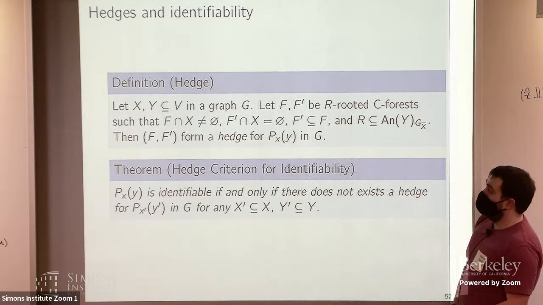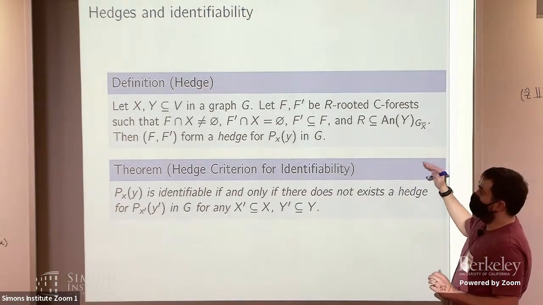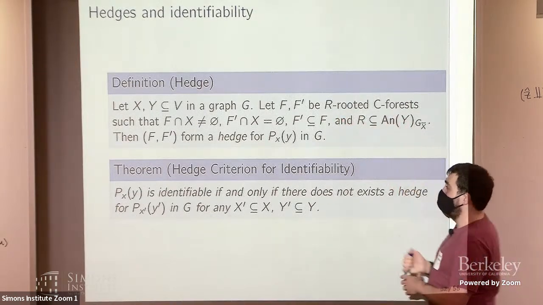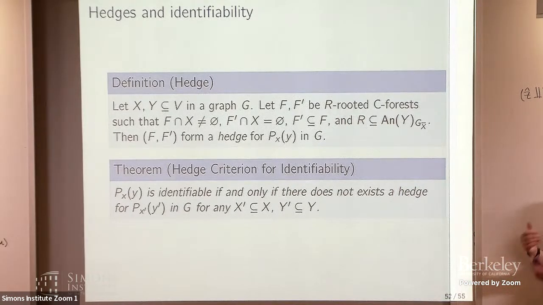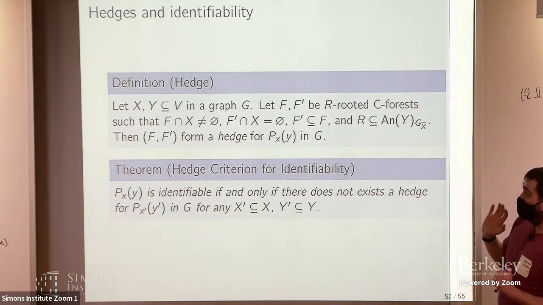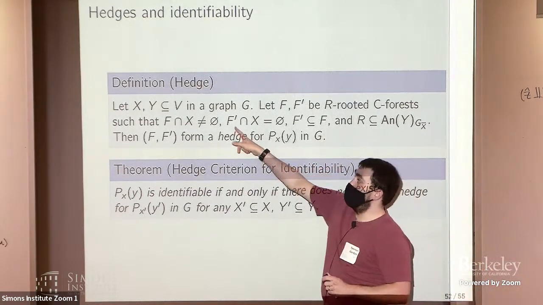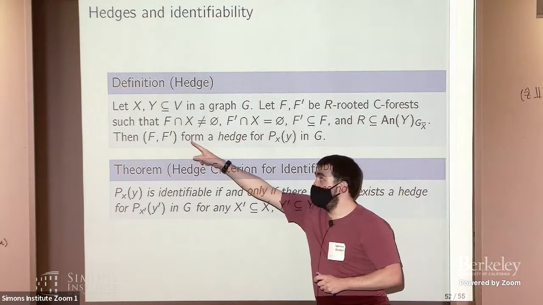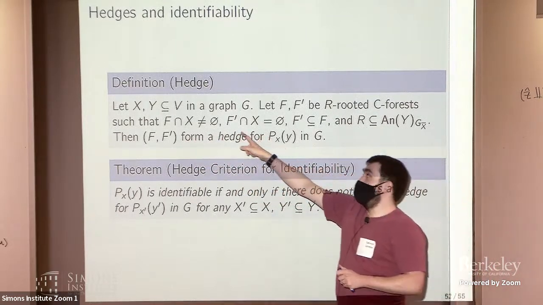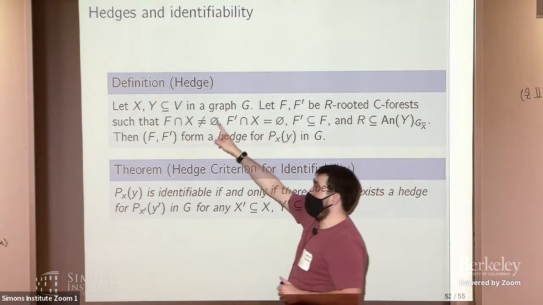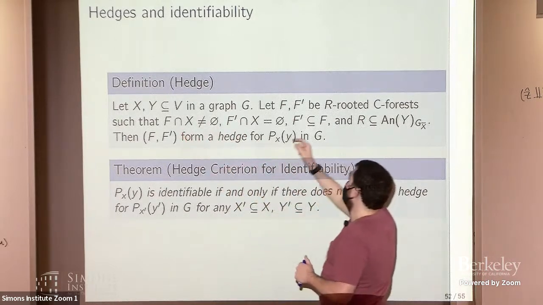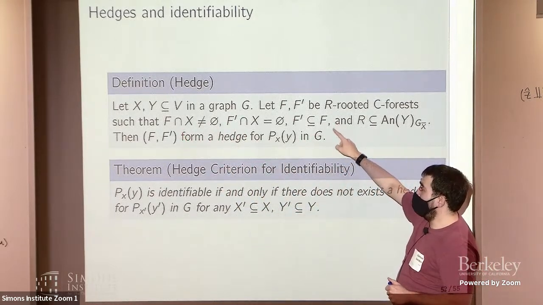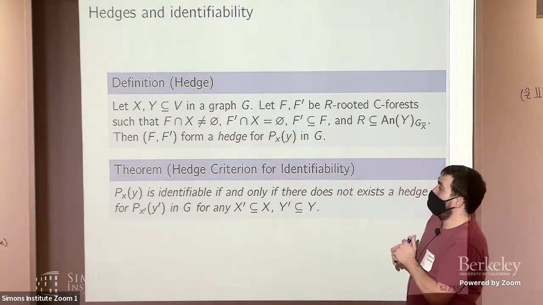A hedge consists of two R-rooted C-forests such that the smaller one doesn't contain any vertex from X, and the larger one does contain a vertex from X. So here F prime is a small forest, F is a large forest. F prime does not contain anything in X, F does contain something in X, and F is obtained by adding stuff to F prime.